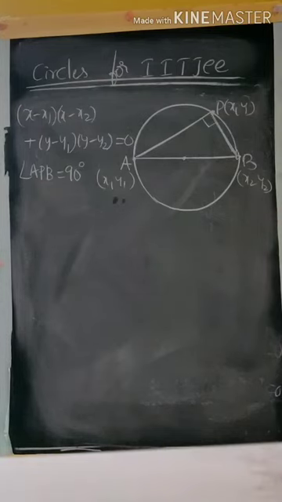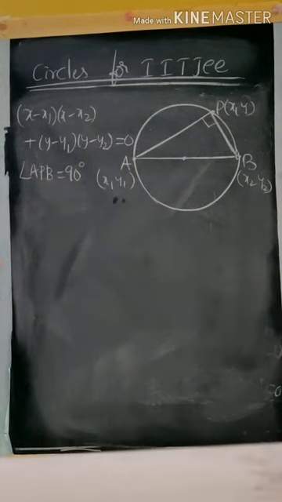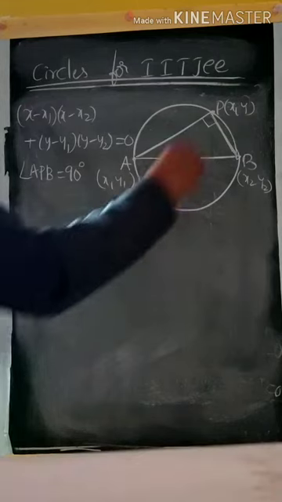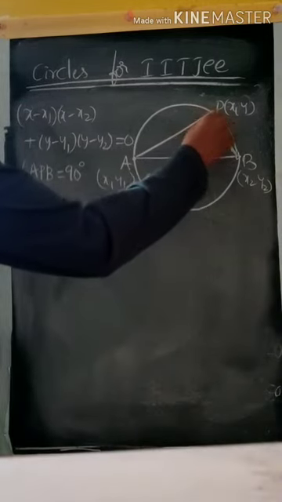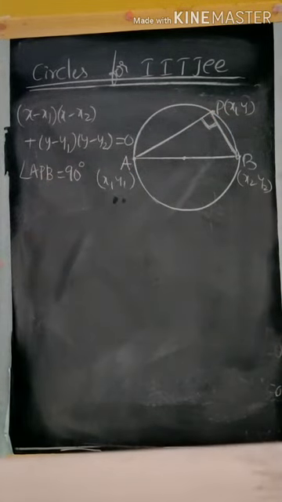We know that when two lines are perpendicular, the product of their slopes is equal to -1. So we know that the angle in a semicircle is 90 degrees, therefore angle APB is 90 degrees.